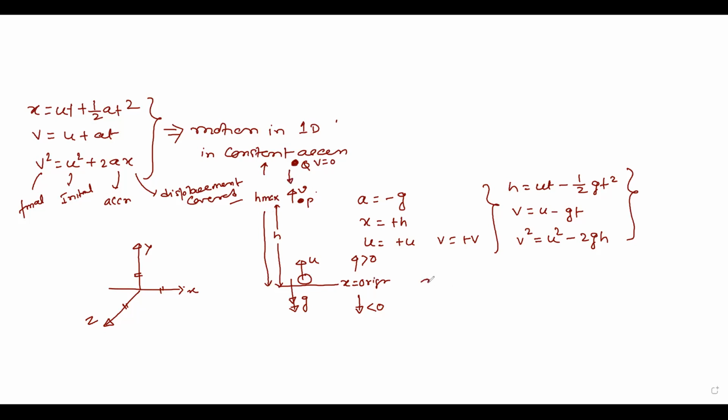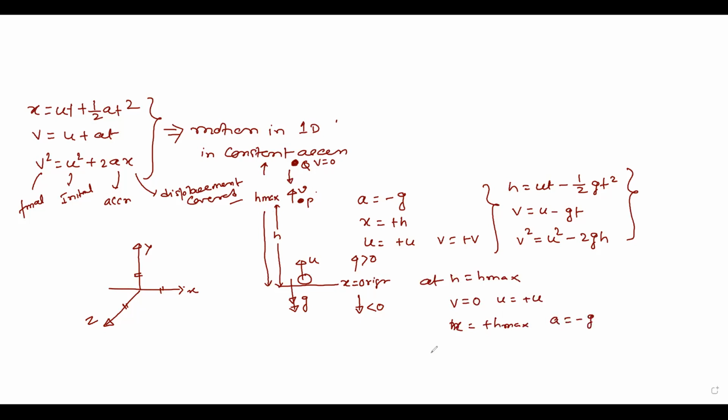Now at maximum height, at h equal to h max, we may again rewrite the equations as v equal to 0, u equal to plus u. Sorry, u is plus u. The displacement x is plus h max, and a is minus g.